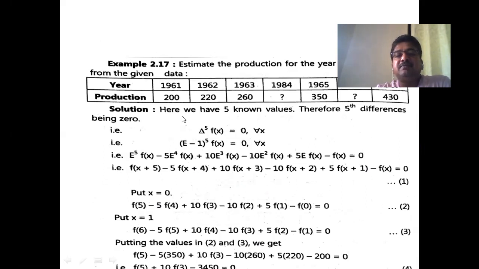By substituting x is equal to 1961 we get one equation, and by substituting x is equal to 1962 we get a second equation. Suppose f of 1964 is a and f of 1966 is b, then solve the two simultaneous equations for a and b and find the corresponding values.